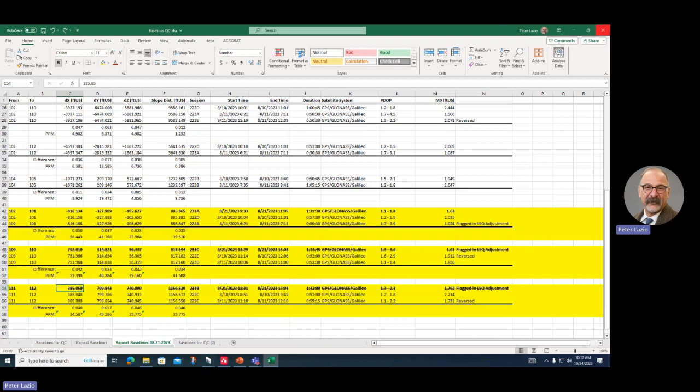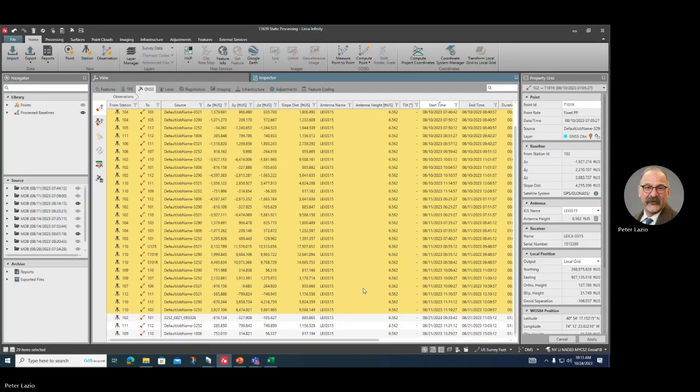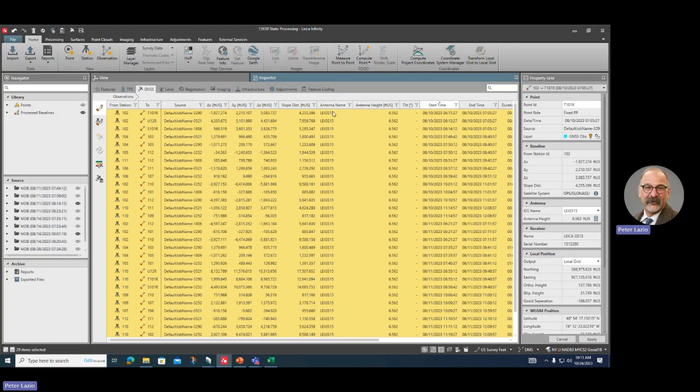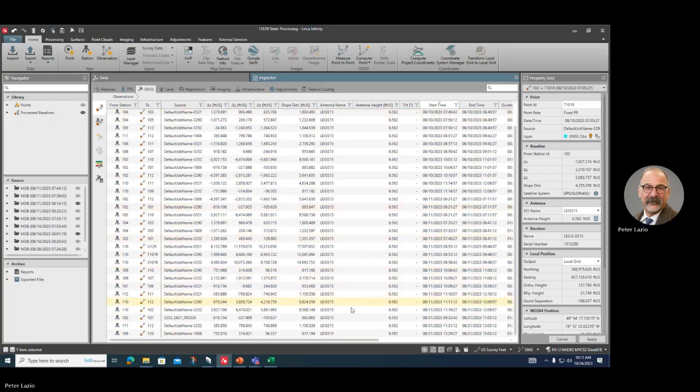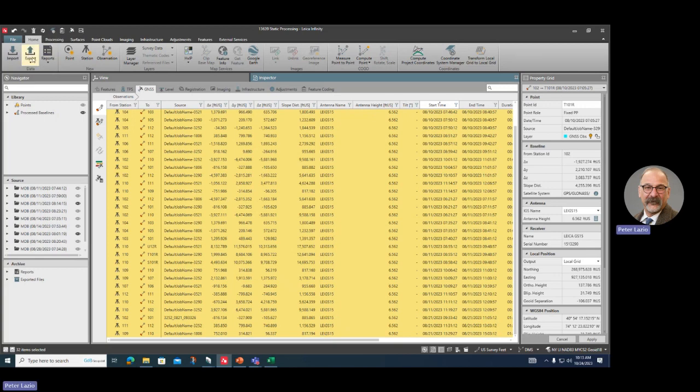So at this point, I haven't rejected them. I'm flagging them for looking at in the least squares adjustment. Now I've gone back out and re-observed. So I would highlight all of these, and then go to export and then selection.